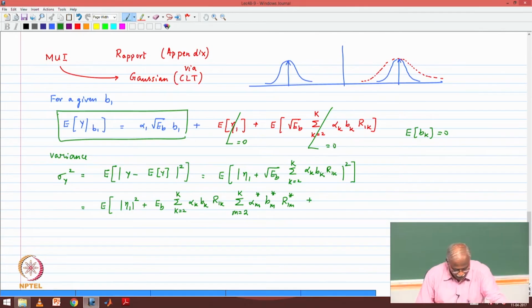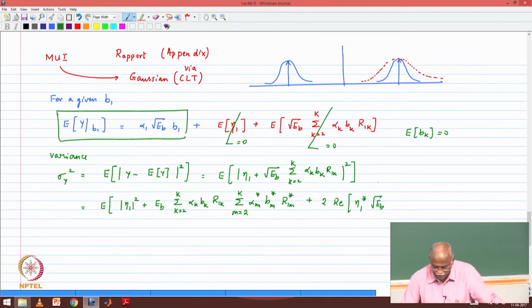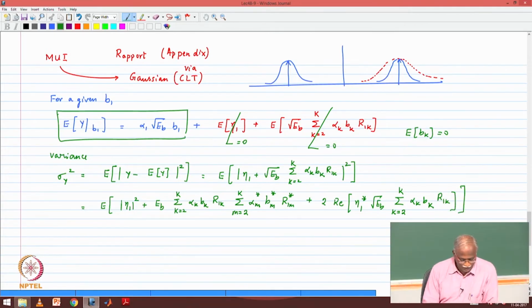Plus then you have 2 times the real part of eta 1 conjugate root EB, again just expanding out this term, summation k equal to 2 to uppercase K alpha k bk r 1k. And keep in mind that there is an expectation outside.